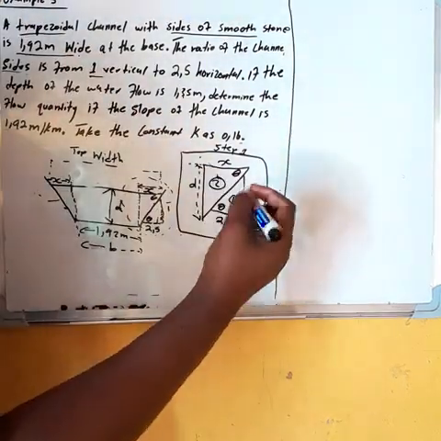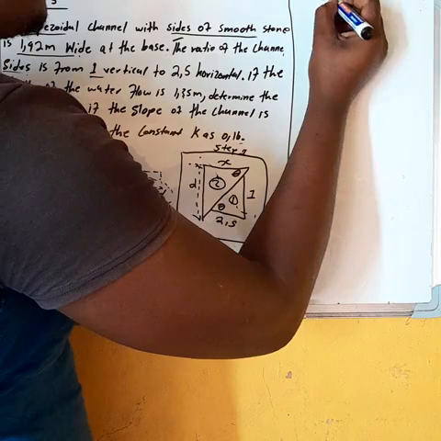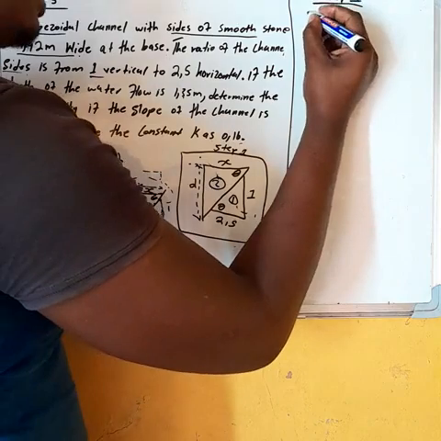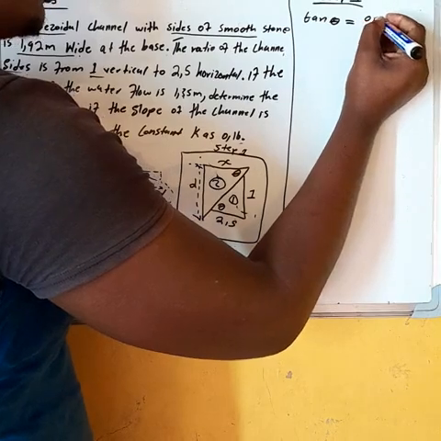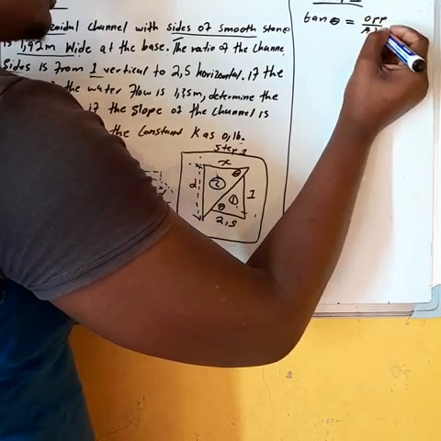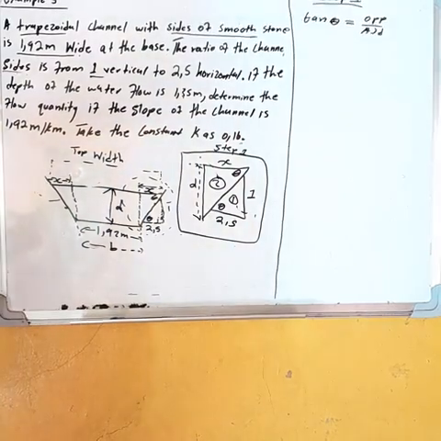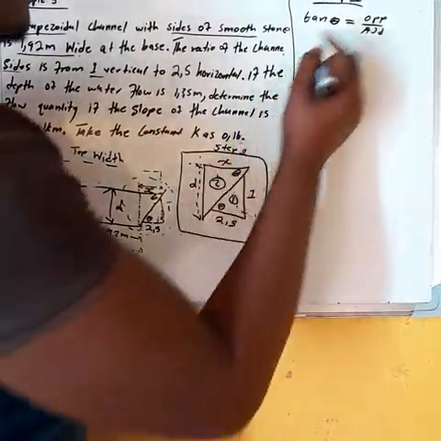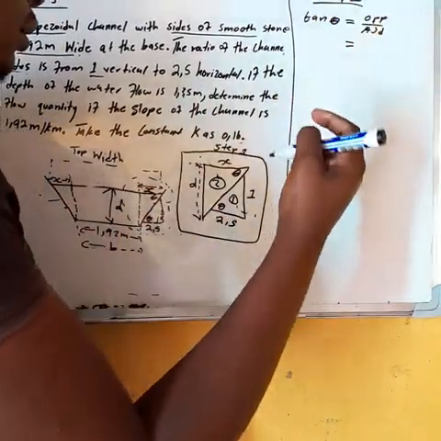Triangle 1. Every time, step 1, you write tan when you're given this question. Tan theta is opposite over adjacent. Right, opposite over adjacent. You start writing. First step is you will say tan theta is equal to opposite over adjacent. Good. Opposite over adjacent.